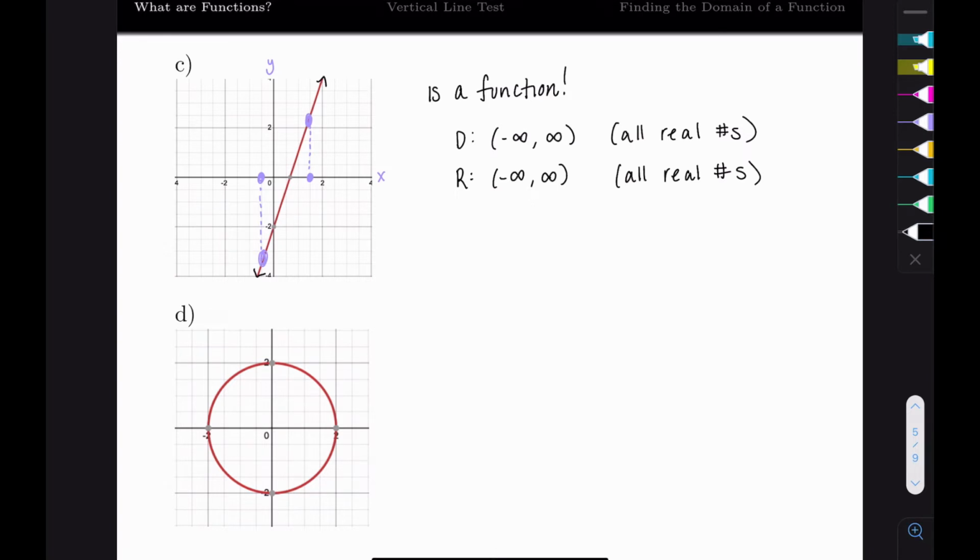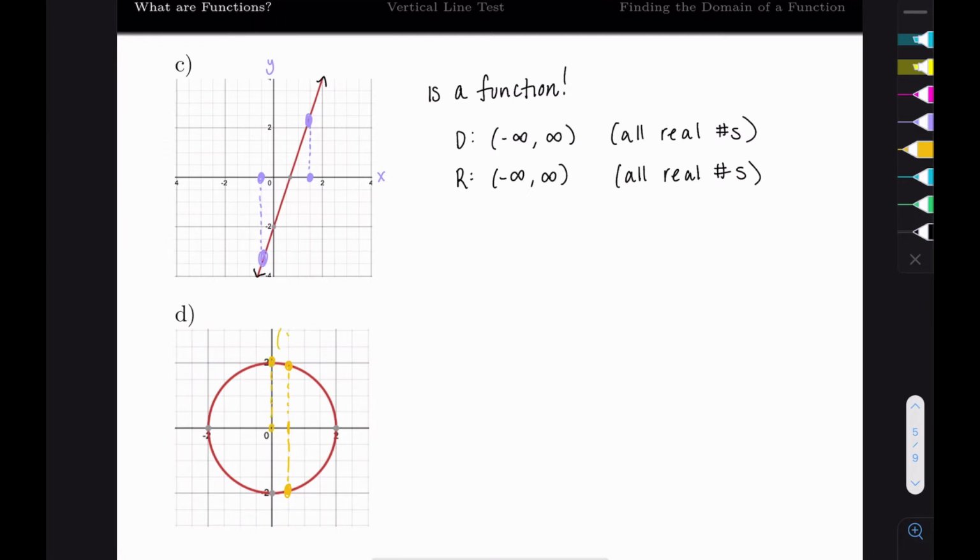Okay. Now for our next one, we have a circle. And so I want to think of this the same way. If I consider my x value at positive, what is that, like 0.5? It has a y value up here that corresponds to it, and also a y value down here that corresponds to it. When your input is 0, same thing.